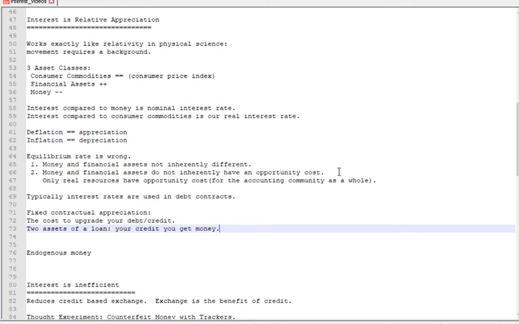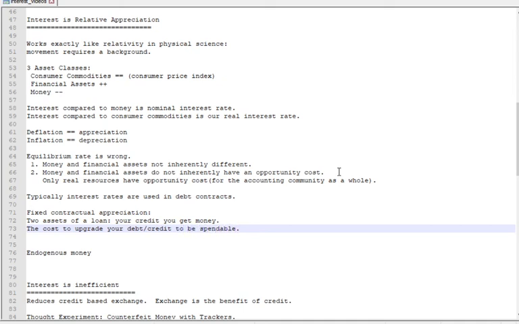So the way I describe that is, the cost of a loan is going to be the exchange you need to perform to upgrade your credit or your debt to be spendable. The cost to upgrade your credit to be spendable.